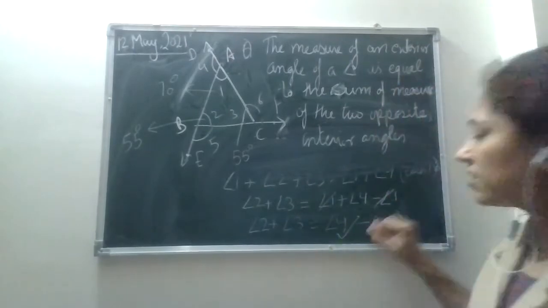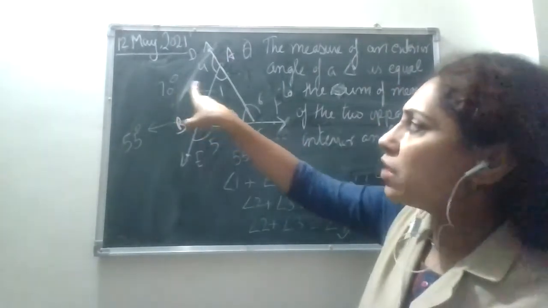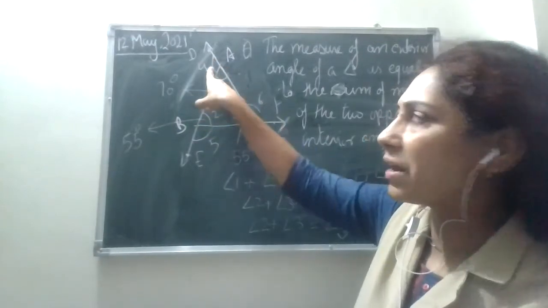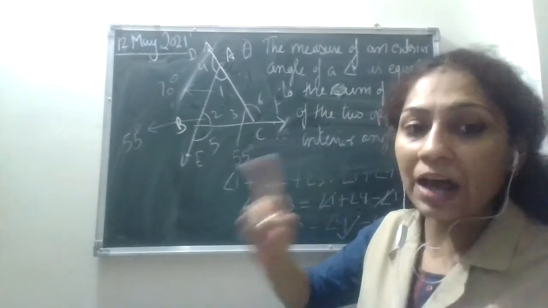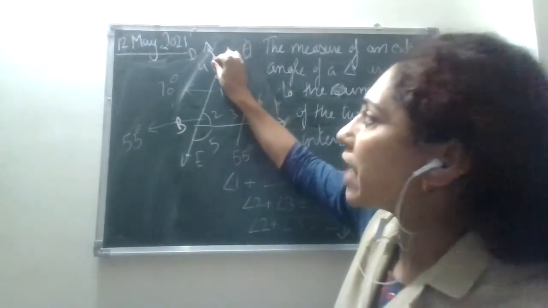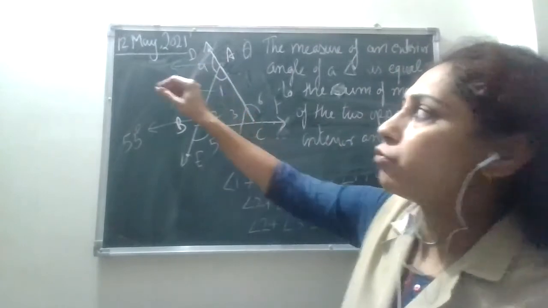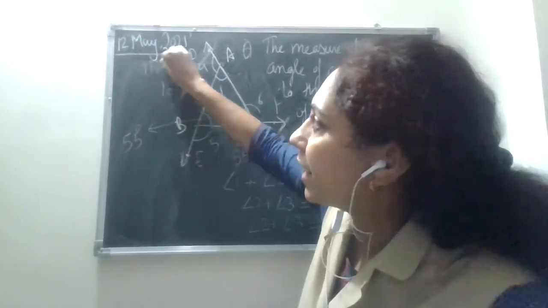Now we are coming to this relation. If angle 1 is 70 degrees, this is a straight line forming a linear pair, 1 plus 4. That is what I told you in the last class also. So what is angle 4? If the total is 180, angle 4 is 110 degrees.